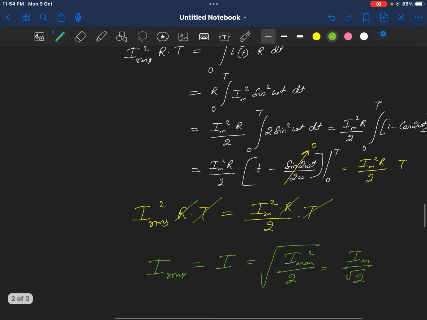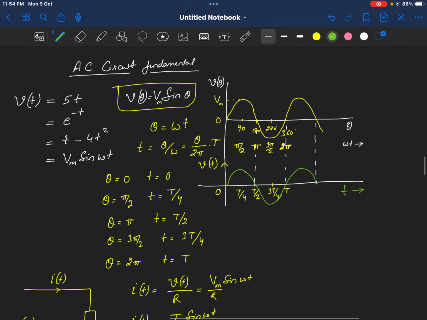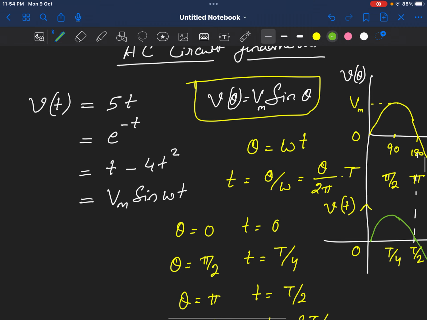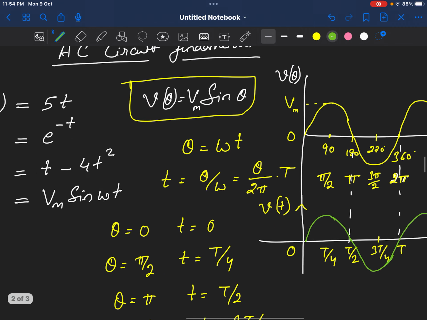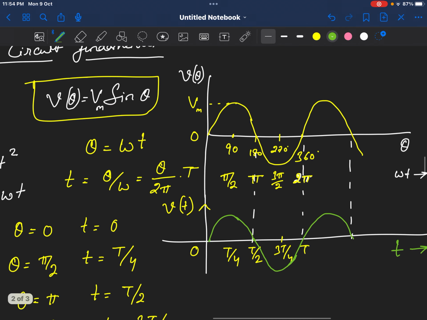So let us summarize all. To summarize, we started with AC circuit fundamentals, and we can write V as a function of time. To evaluate, we will use trigonometric sine theta because it is periodic and continuous.